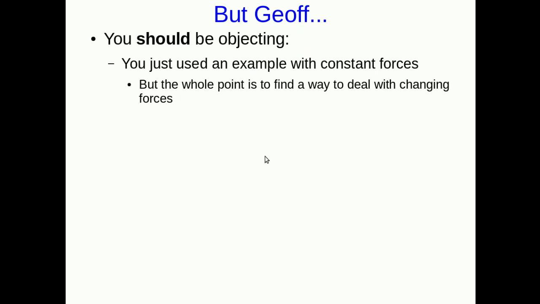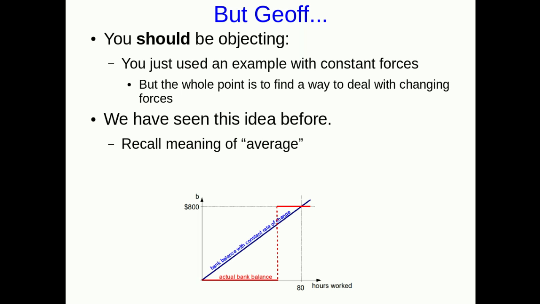Those two situations I just described used constant forces. And so you should be objecting, wait a minute, Geoff, you were going about this because we want to deal with changing forces, but you're using examples with constant forces. What's up? Well, we're actually going to use another idea we've seen before. Remember this idea of average.